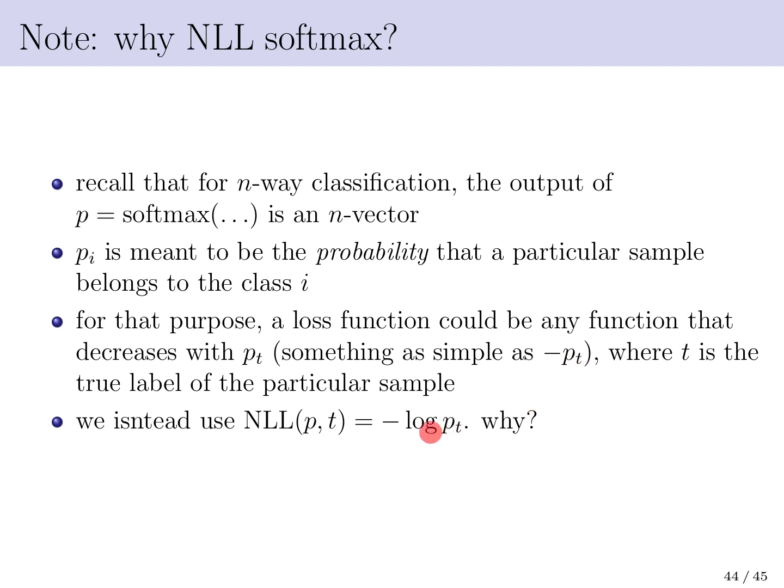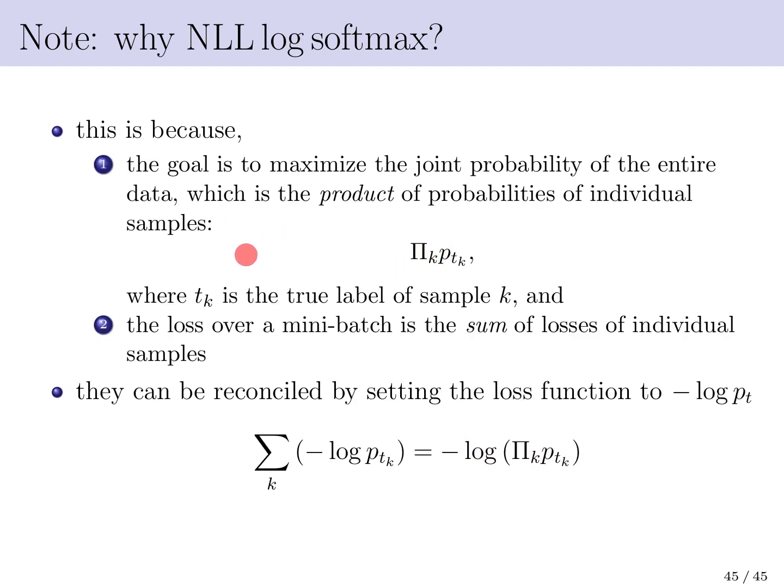Again, you might be wondering what is the point of taking the log here? This is because the actual goal is to maximize the joint probability of the entire data, which is the product of probabilities of individual samples.